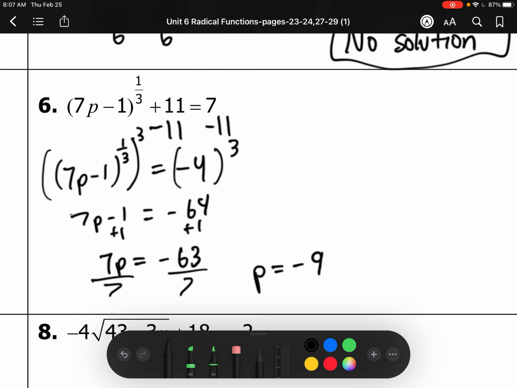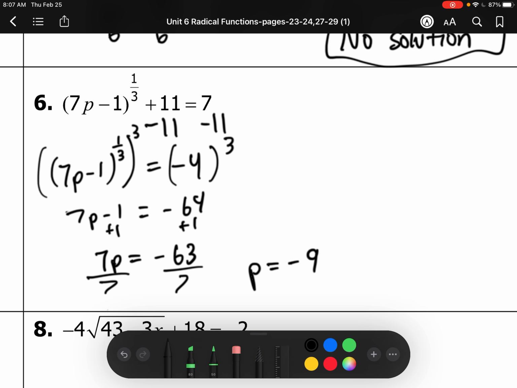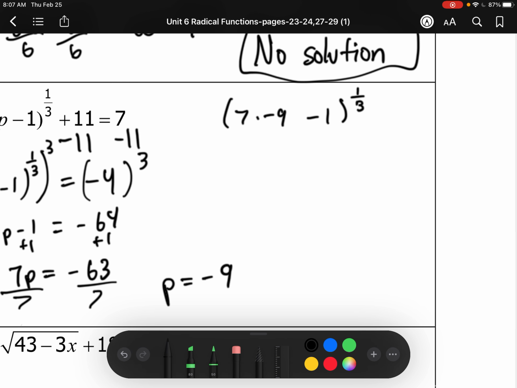All right, so let's check if this works. I'm going to replace p with negative 9. So I have, in parentheses, 7 times negative 9 minus 1, and then this is going to be raised to the 1/3 power, plus 11 is equal to 7.